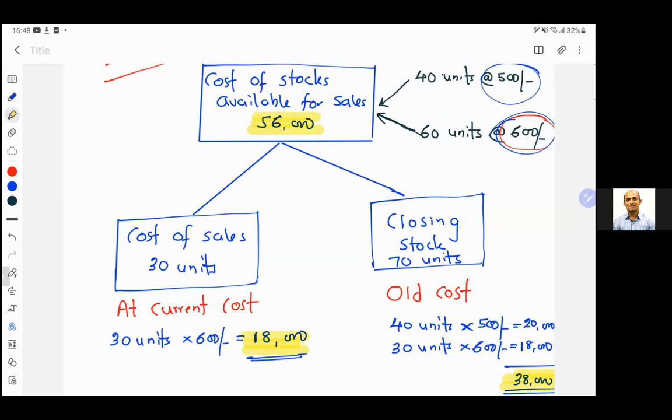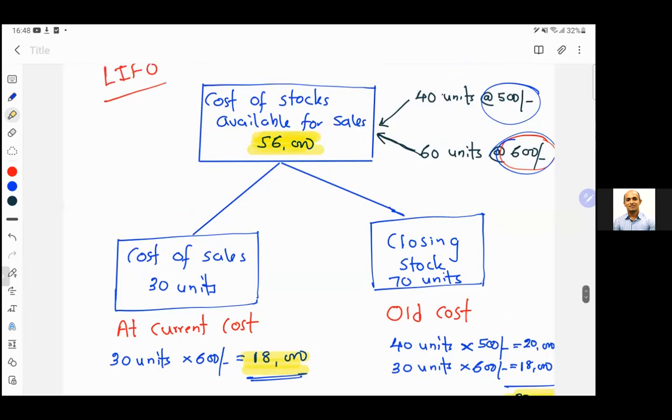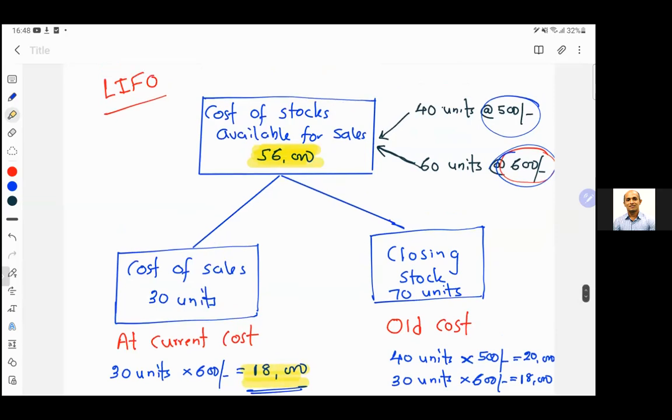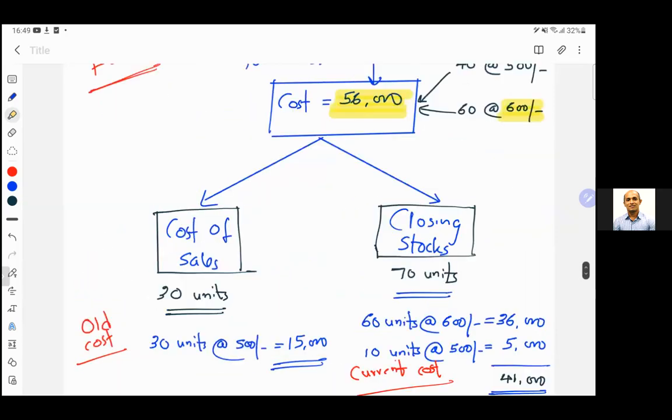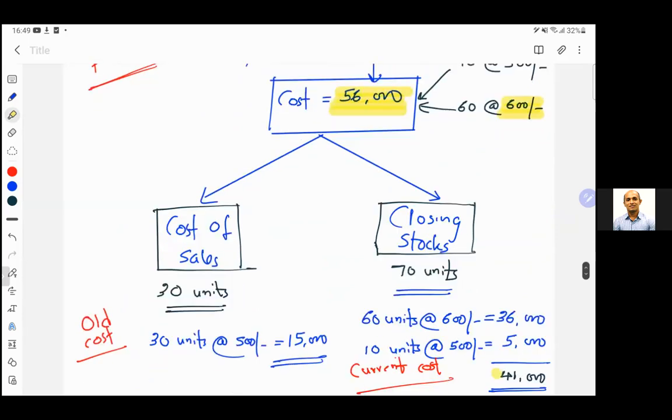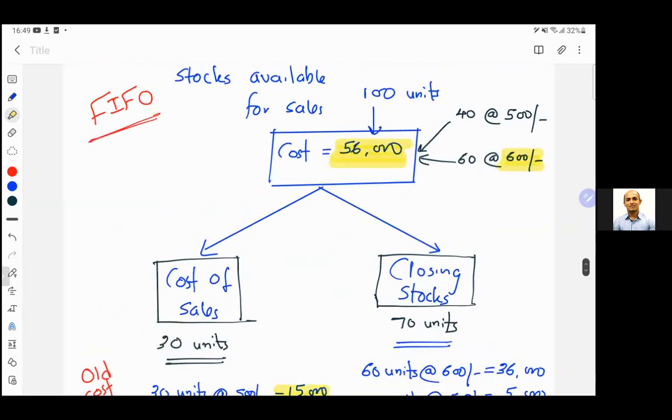Closing stock plus cost of sales equal cost of the goods available for sale. In FIFO also the same. In FIFO method, closing stock 41,000, cost of sales 15,000, the total equal cost of the goods available for sale.